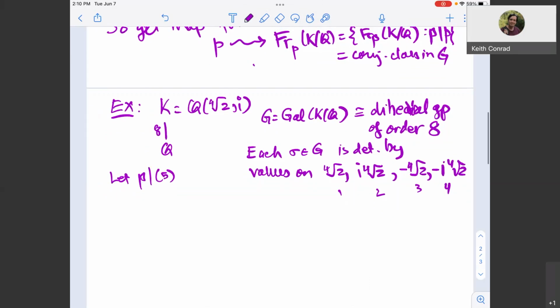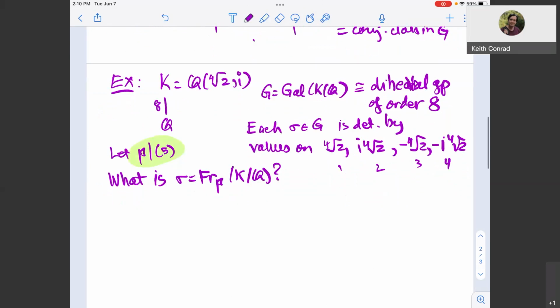So let's try to figure out what the Frobenius element is at a prime ideal dividing the number 5. We somehow have to use this property. The idea is that the ring of integers mod the prime ideal is some finite field that's going to contain the integers mod 5, and we want to take advantage of that.